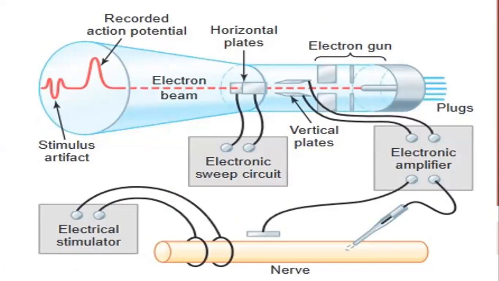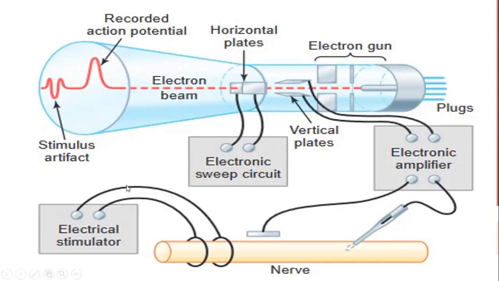Then there is an electronic sweep circuit which is connected with the horizontal plates, and the electronic amplifier is connected with the vertical plates. With the electron gun, electron beams are coming, and these are deflected by the horizontal and the vertical plates, and they can be recorded on the screen.